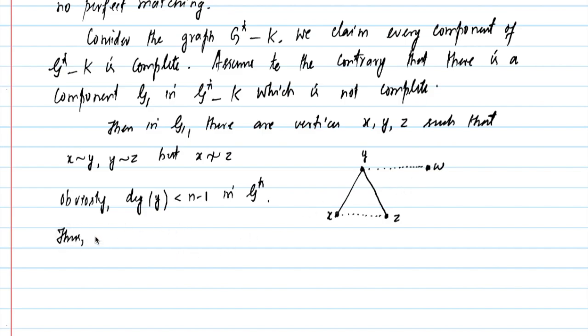Thus there exists a vertex w belonging to V of G1 such that y is not adjacent with w.